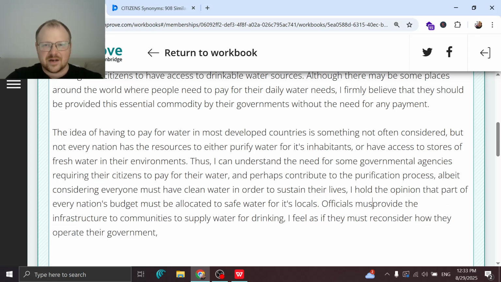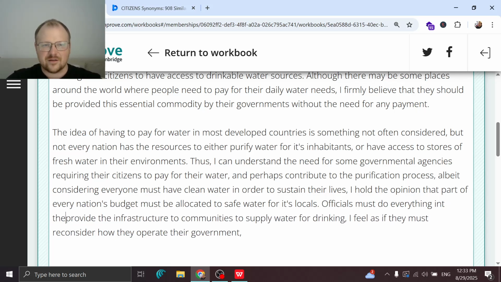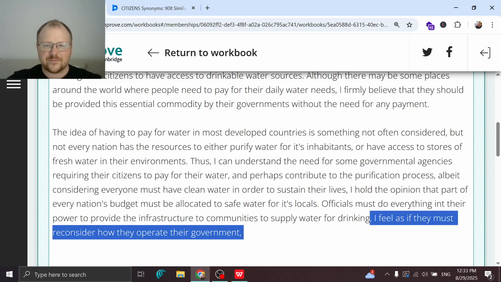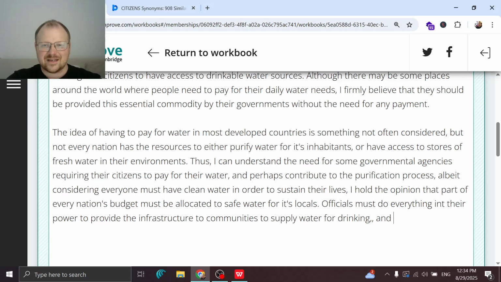Officials must do everything in their power to provide the infrastructures so that each person has adequate water to fulfill their daily needs.